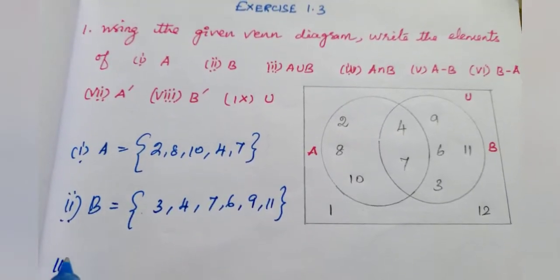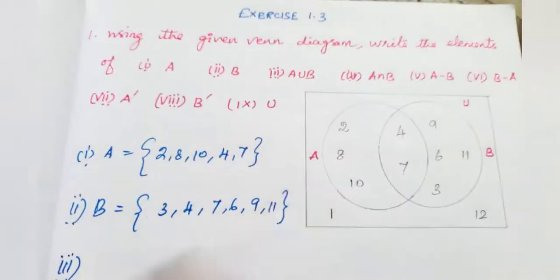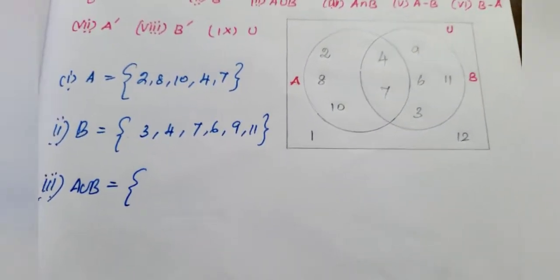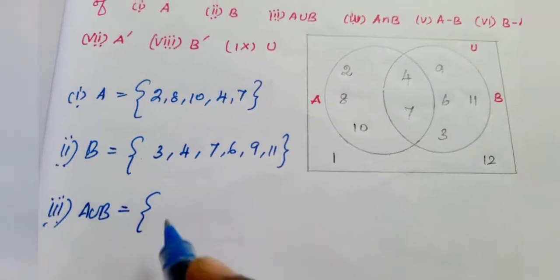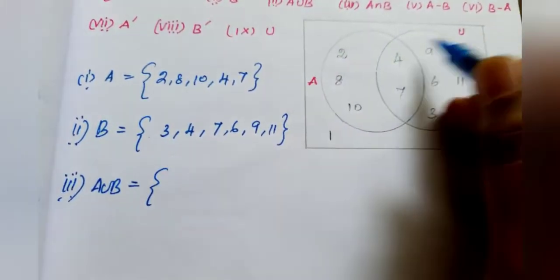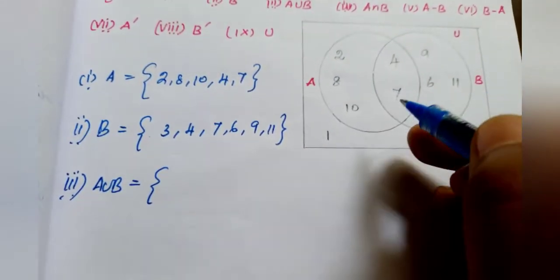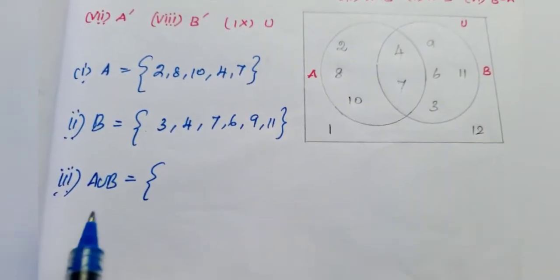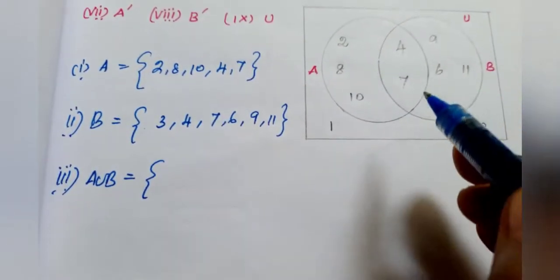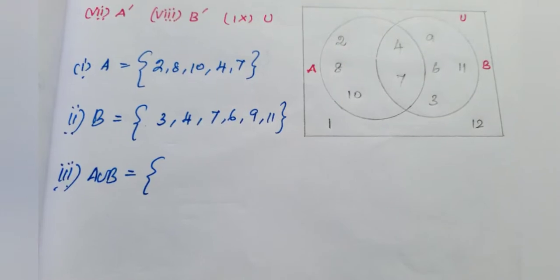And the third one is A union B. What is A union B? A union B means join all the elements of A and B, and just avoid the repetition.